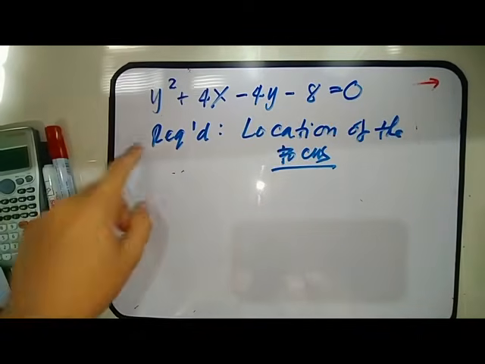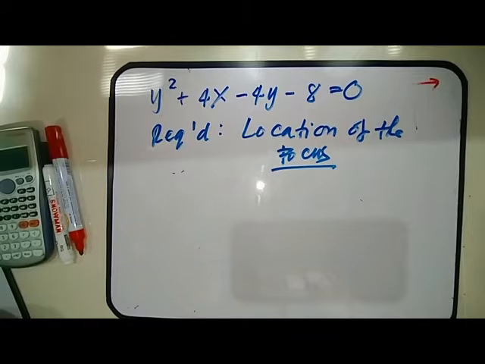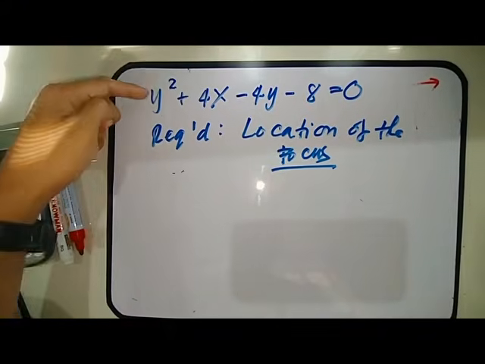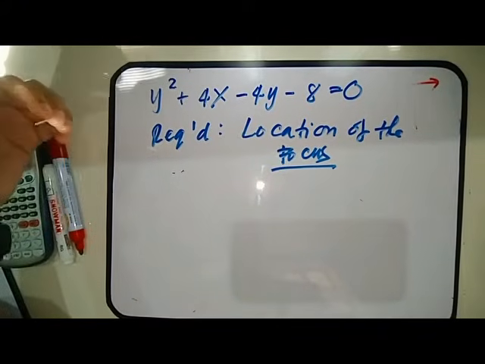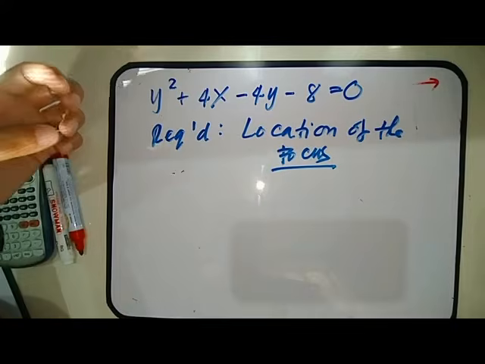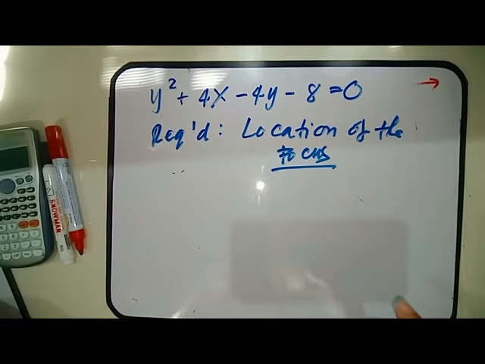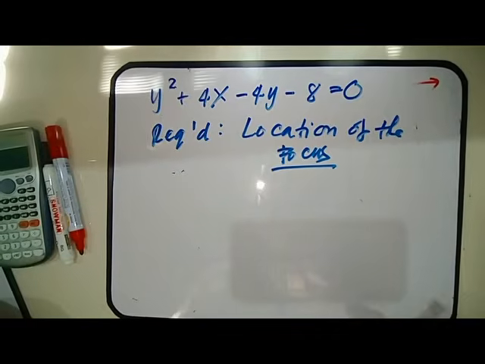Now, so ito guys, naka-square yung y, diba? So, it means that it's either opening to the right or to the left. Kasi, pag naka-square yung y, it means that yung vertex nakaharap sa y. Kung nakaharap sa y yung vertex, it means that it will always open to either to the right or to the left. So, hindi pa natin alam.